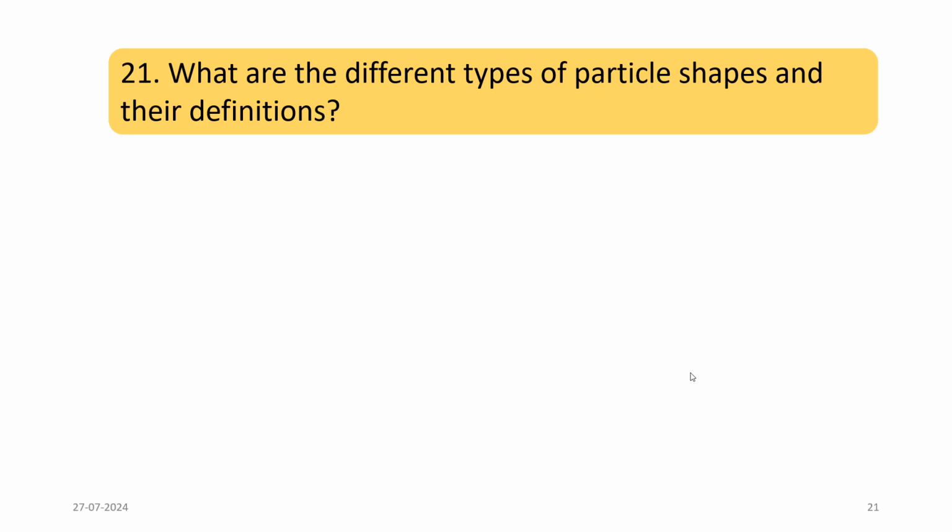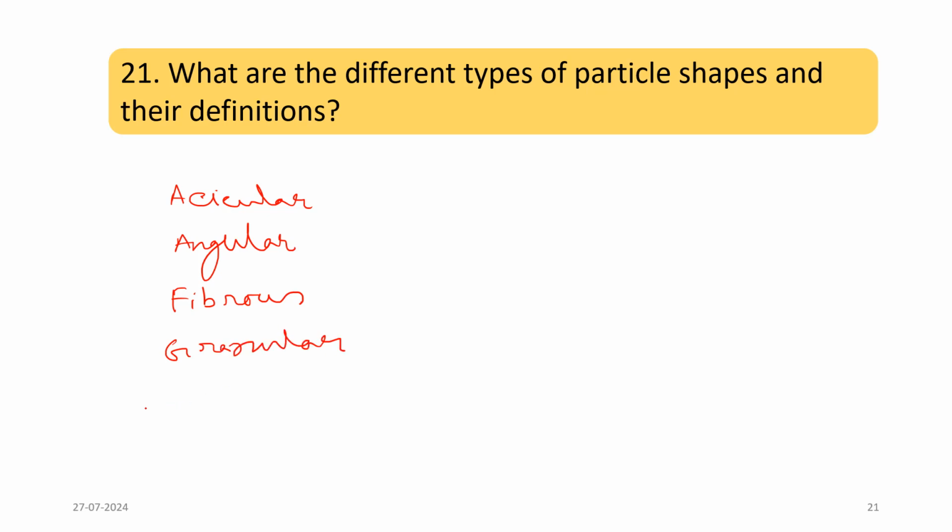So for the shape, there are different types of shapes. The first one is vesicular, then angular, then fibrous, then granular, then spherical or cuboid or any type of defined shape.